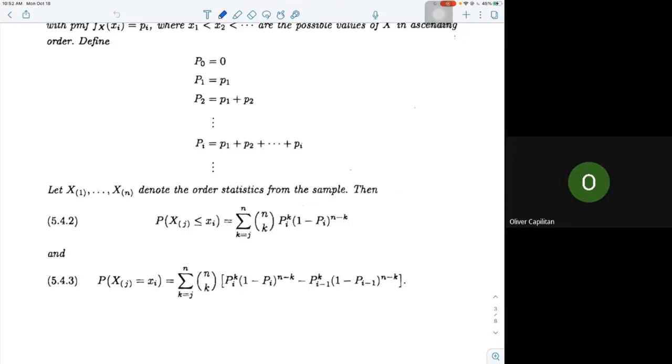Then if we are going to determine the probability that the jth order statistic is less than or equal to x sub i, somehow this is the cumulative distribution function for the discrete case. Then we have the finite summation of n taken k at a time, capital P sub i to the k, 1 minus P sub i raised to n minus k, k equals j up to n.